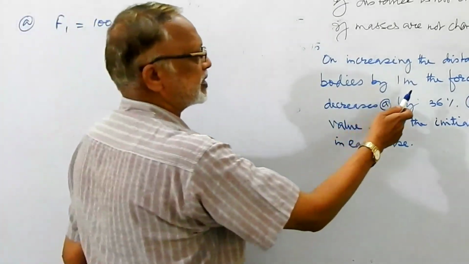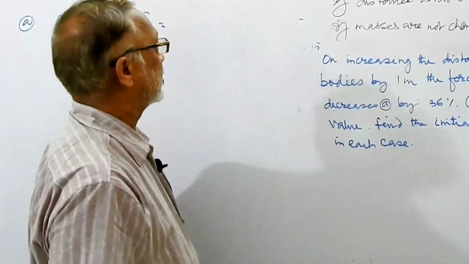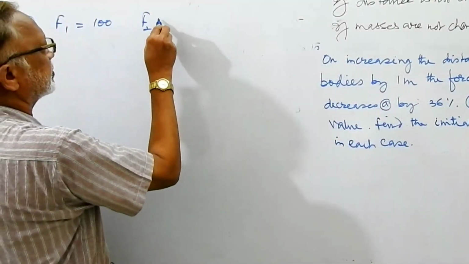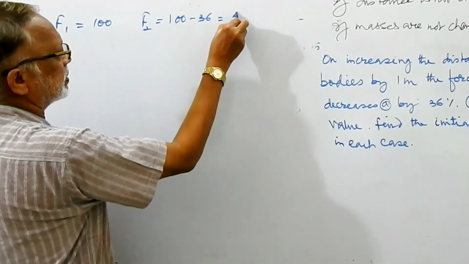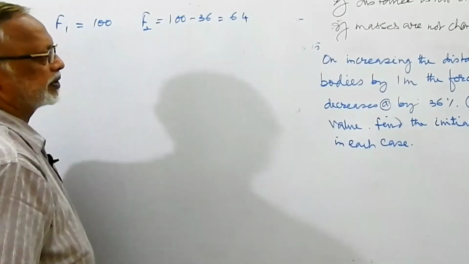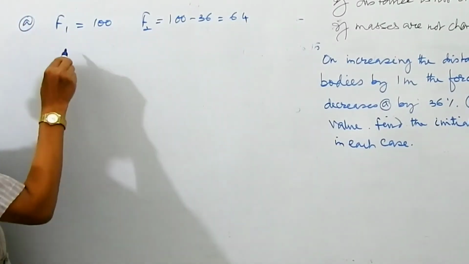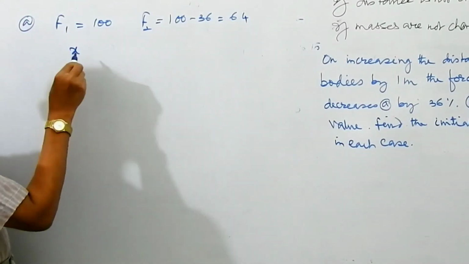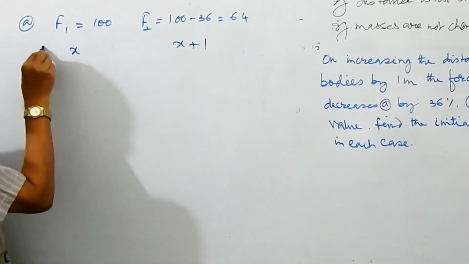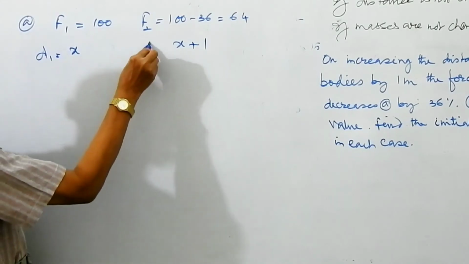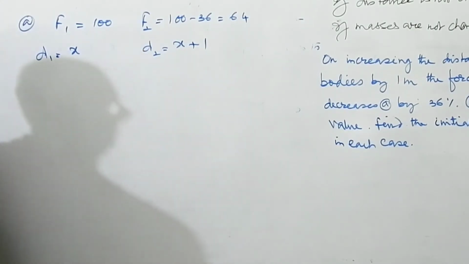In part A it is decreasing by 36%, 100 minus 36, that's equal to 64. Suppose the initial distance is x, the final distance is x plus 1. d1 is equal to x, d2 is equal to x plus 1.